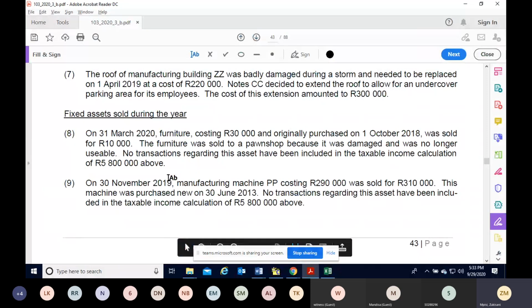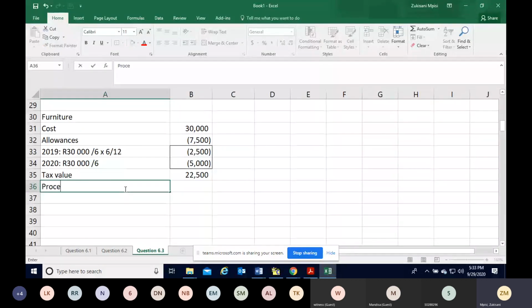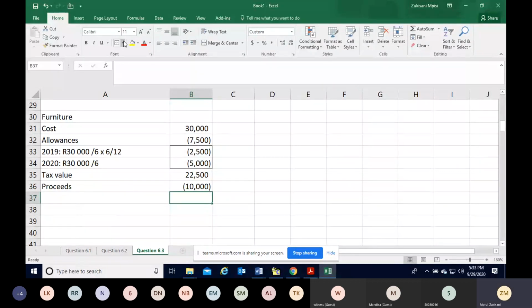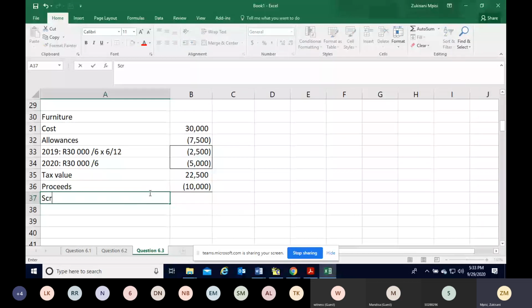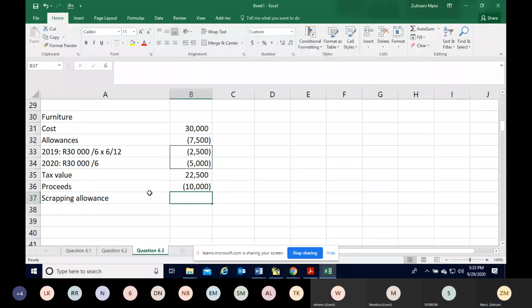Then you are told that this was sold for 10,000 proceeds, which means that for this asset, the scrapping allowance is therefore $12,500. Therefore, we're going to have here a scrapping allowance of 12,500.